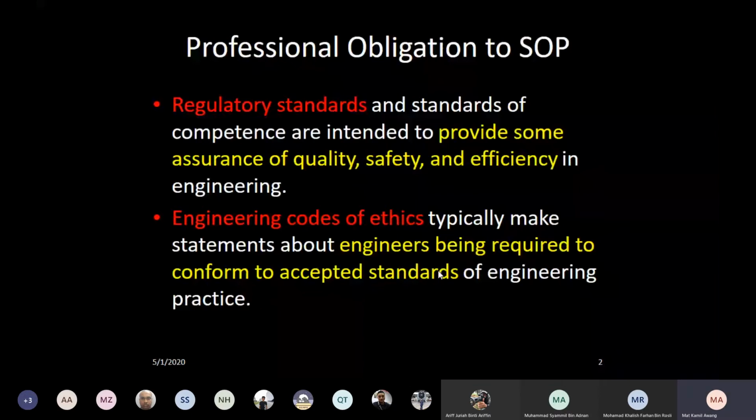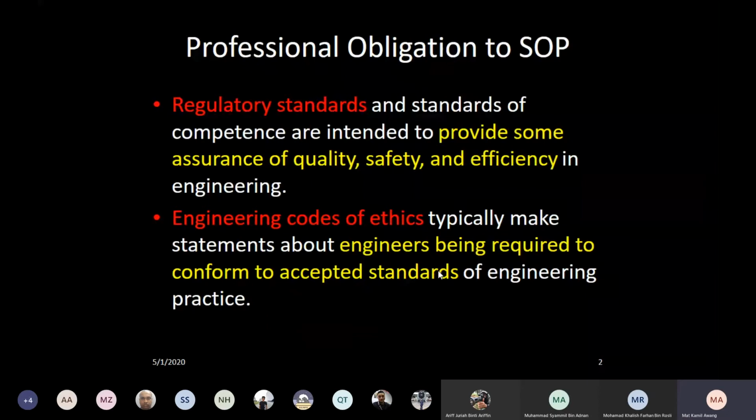Regulatory standards and standards of competence are intended to provide some assurance of quality, safety, and efficiency in engineering. So all the regulatory standards are set by the industry or by the government to provide assurance to the client or to the customers with regards to the quality, safety, and efficiency in engineering.